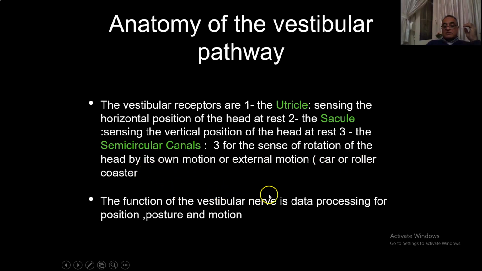The function of the vestibular nerve is data processing for the position, as we said, for the posture you are going to take according to the position, and for the motion, whether you are moving or not. So these are the five receptors of the vestibular pathway: utricle and saccule at rest; utricle, horizontal; saccule, vertical; semicircular canals at motion.